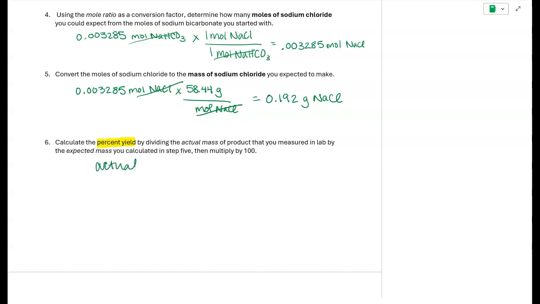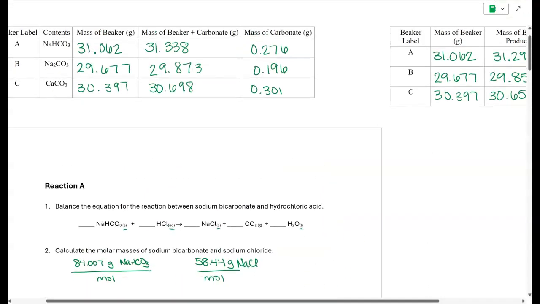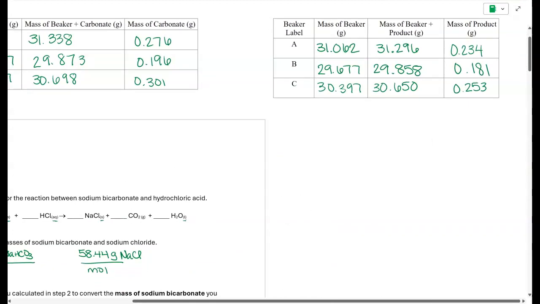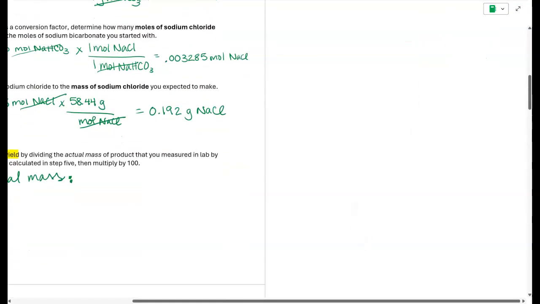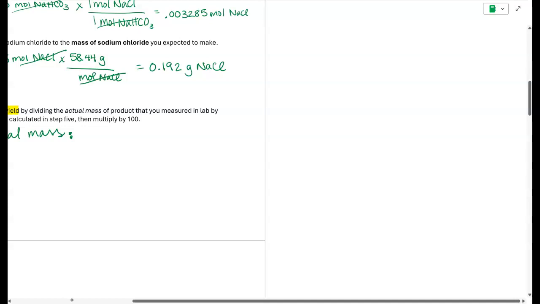And so we need to look at our actual mass and our expected mass. So the actual mass is what you recorded. And so we have to look back at our table 2, and we see that the mass of the product for beaker A, so the sodium chloride I got from the sodium bicarbonate reaction, was 0.234 grams. So my actual mass that I'm going to put in there is 0.234.